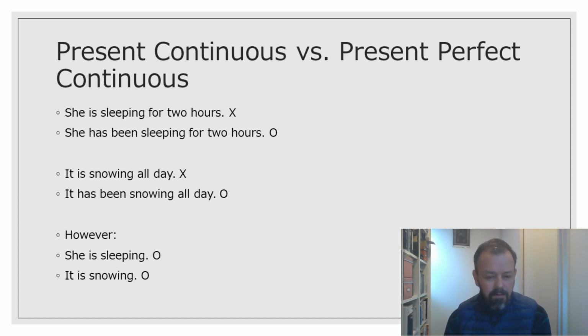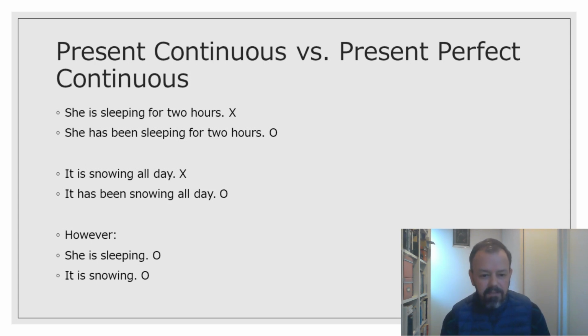But for an action that started in the past, we can't use the is to talk about it. So it has been snowing all day. However, again, if we take out the time periods, these sentences are perfectly okay. She is sleeping, it is snowing, no problem.